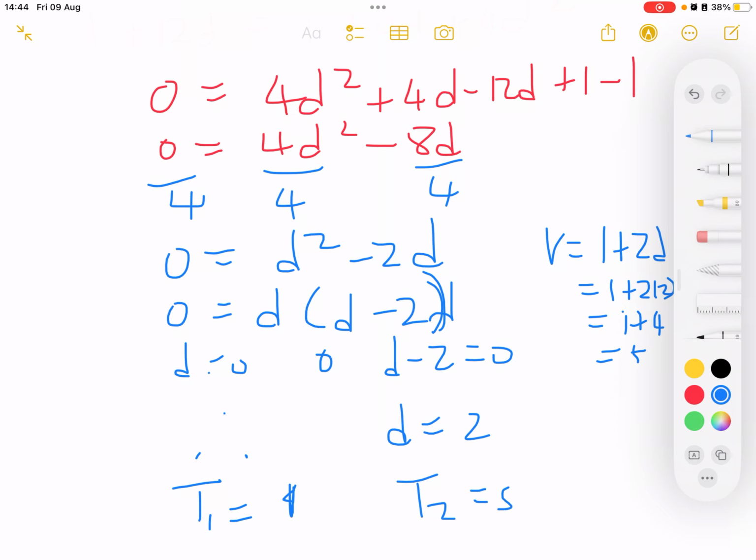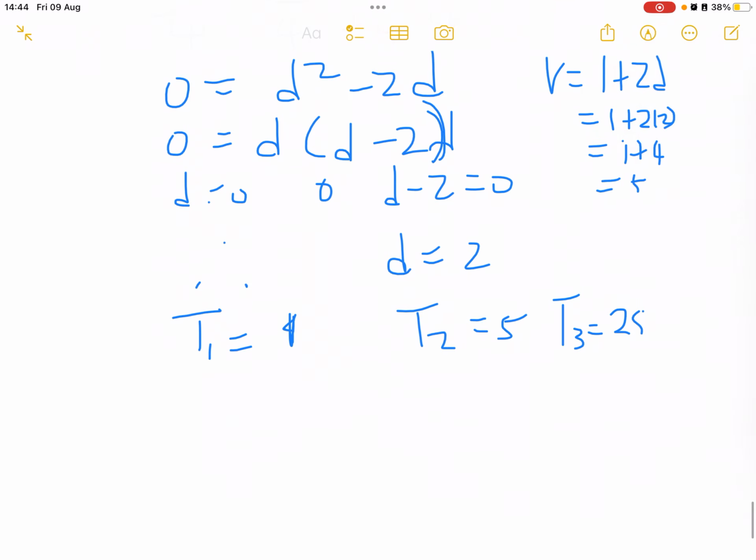So term 2 will be 5, and then term 3 will be equal to r squared, so it's just 5 squared, which is 25. And those are the first three terms if r is greater than 1.